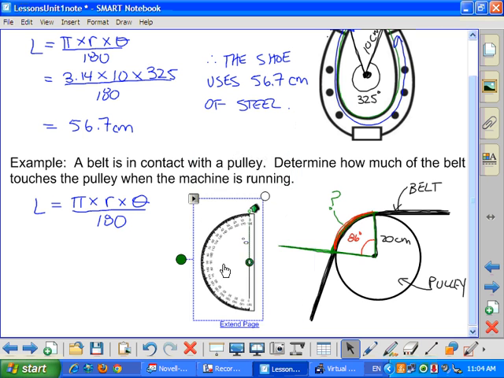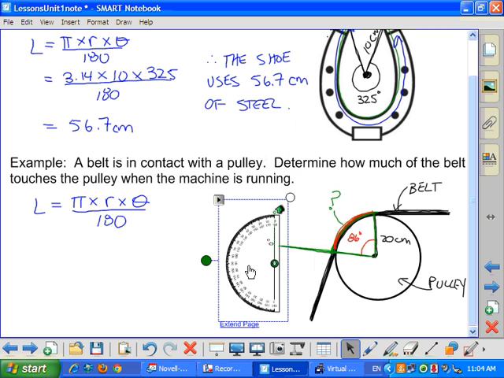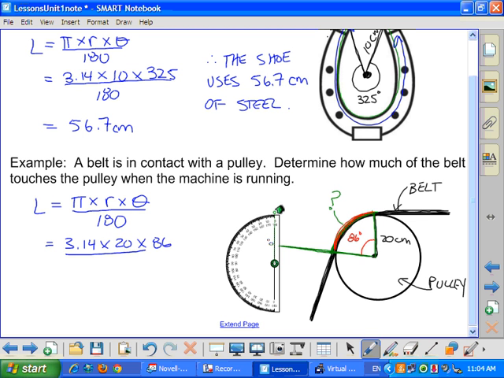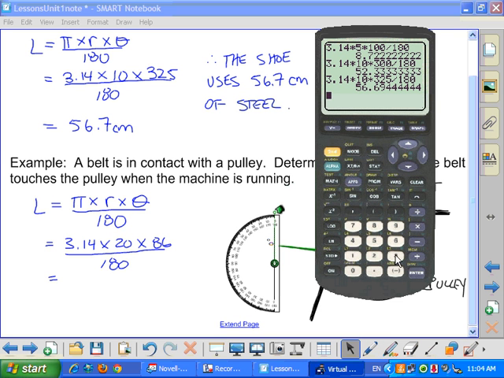All right. So going back to my formula then, 3.14 multiplied by 20 multiplied by 86 divided by 180, I can find how much of the belt is in contact with the pulley. So I'd end up with 3.14 times 20 times 86 divided by 180.